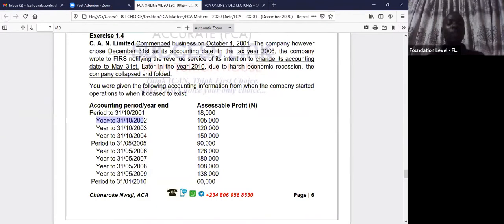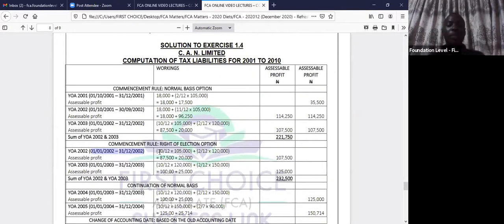January 1, 22 can be gotten here. So from January to October, that's going to be 10 months. So we're going to take 10 months here, and the remaining 2 months, we are going to take it here. So that's what we did. 10 months here out of 12, plus 2 months out of 12 in the other one.